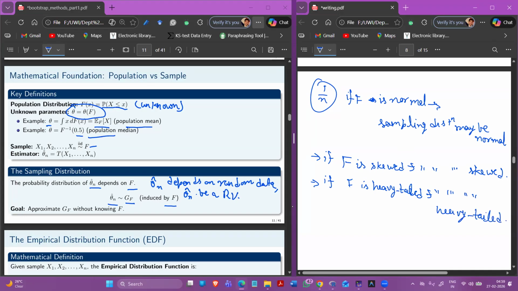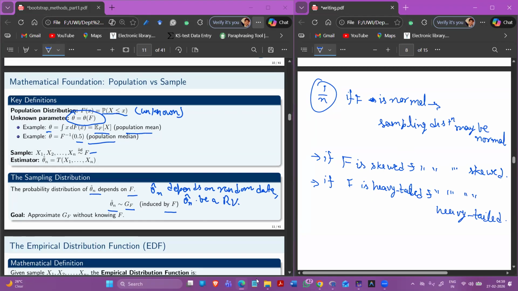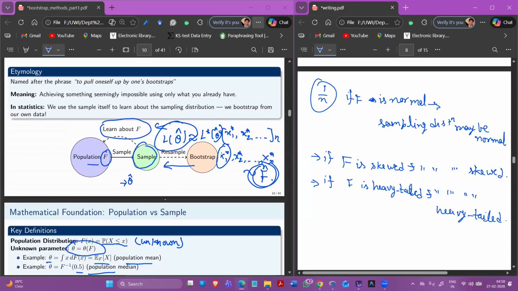So that's why we say that the sampling CDF G is a distribution induced by the population CDF F. The one sample that we are taking is coming from the population.